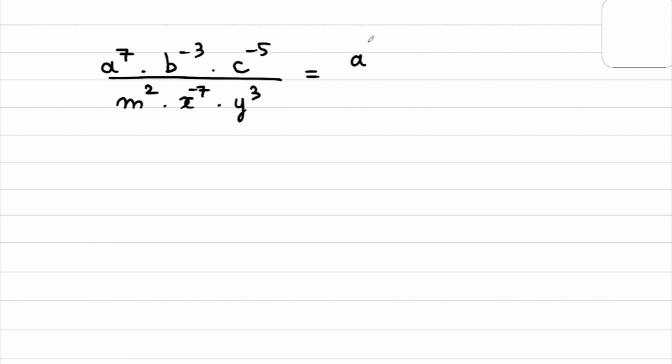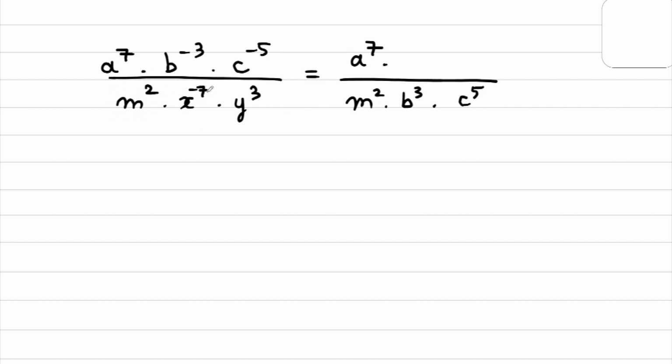The first index is a positive power number, so I will keep it unchanged. The second one is a negative index, so I will move it down here. The third one, c to the power of negative 5, I will change position to get a positive index. M squared will be here because in this position I have a positive index.